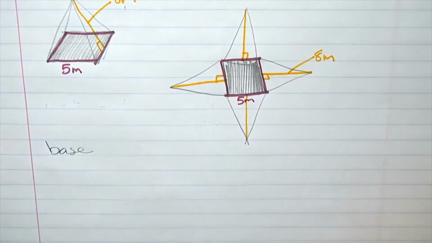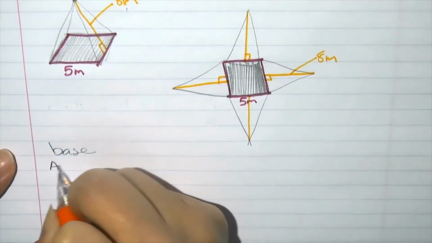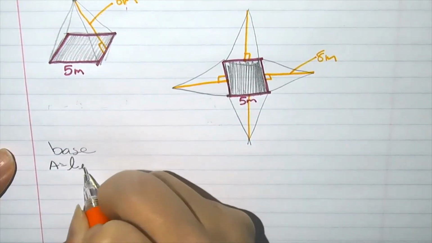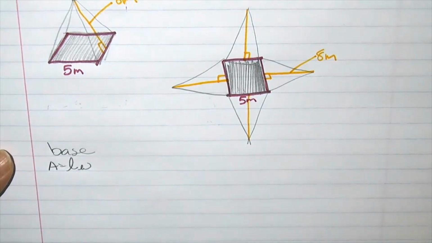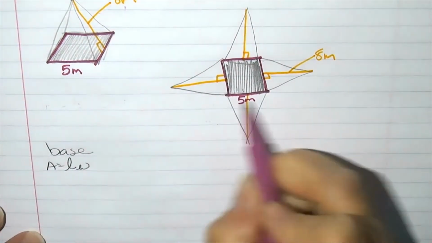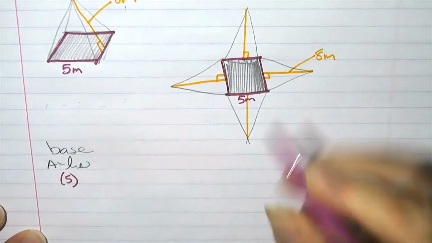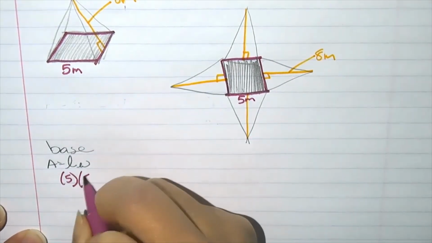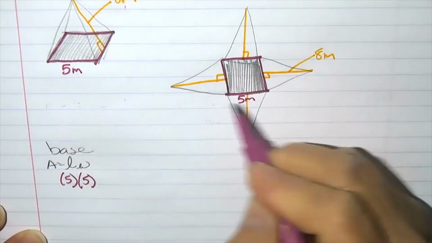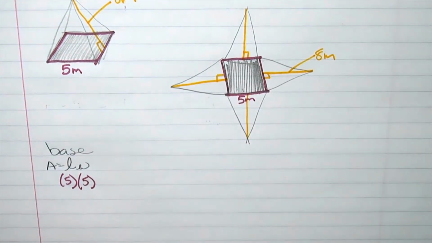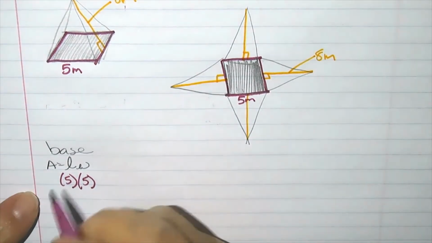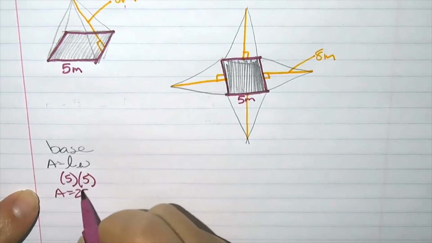The base is a square. And to find the area of a square, it's length times width. My length is 5 meters and my width is 5 meters because it's a square. All 4 sides are the same. So 5 times 5 is 25.